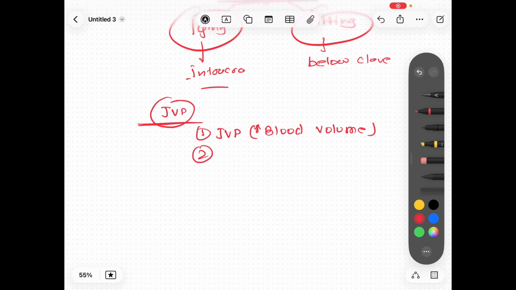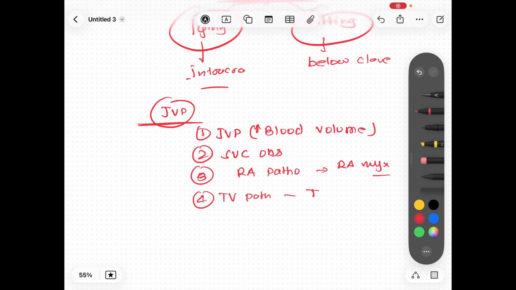Second is SVC obstruction. Third one is any RA pathology, for example, RA myxoma. Fourth, any tricuspid valve pathology, like tricuspid valve regurgitation or tricuspid valve stenosis.